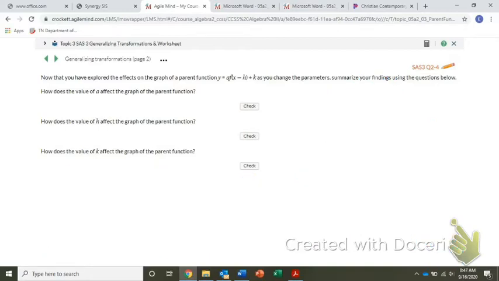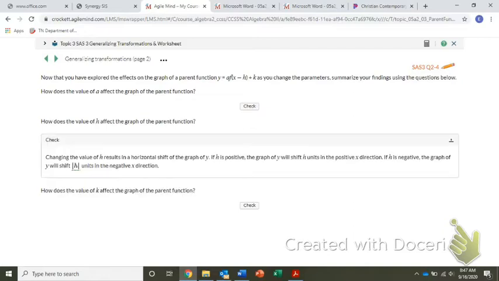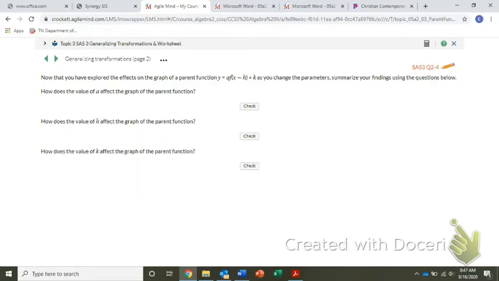All right, so now you can click check on h, and it says the same thing. If h is positive, the graph of y will shift h units in the positive direction. If h is negative, the graph will shift h units in the negative direction. Okay? Now, k is the easiest one.